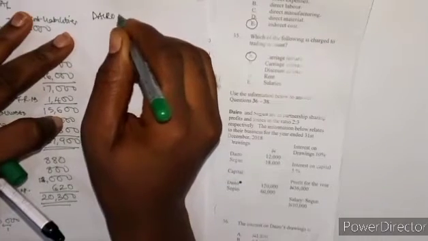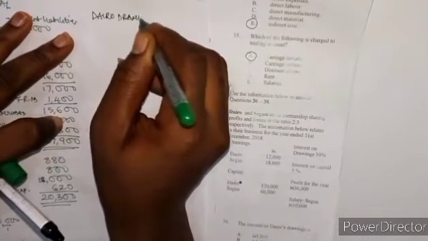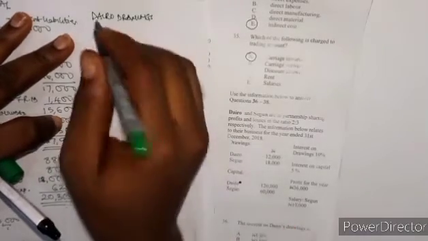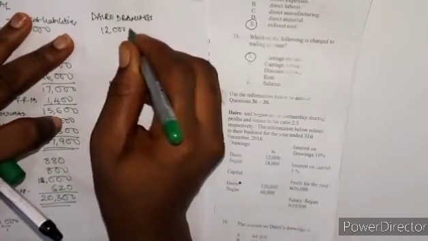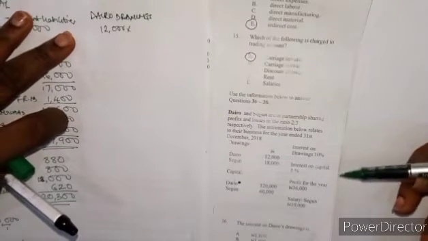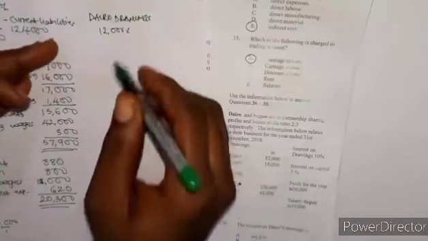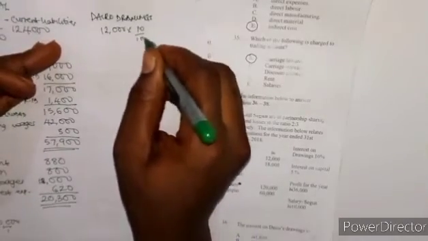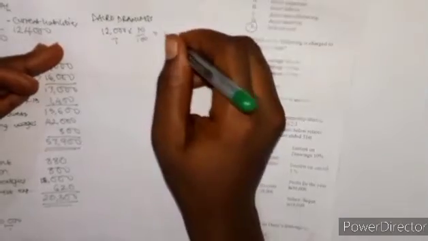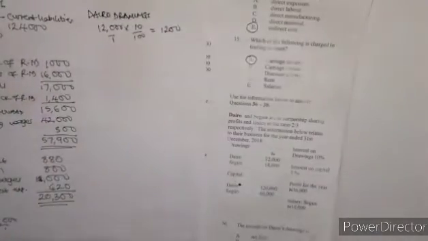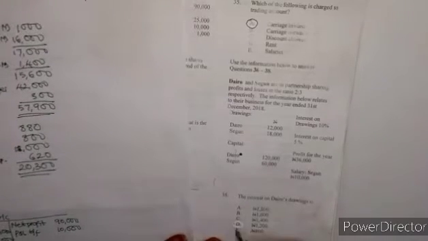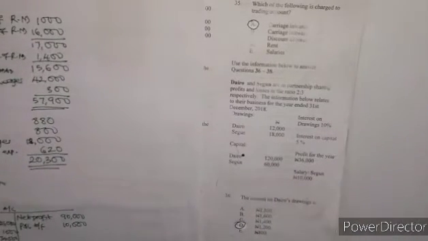Daryl's drawings is 12,000 times the interest on drawings, which is 10%. So it is 12,000 times 10 over 100. So 10% of 12,000 is 1,200. So the interest on Daryl's drawings is 1,200, which is D.